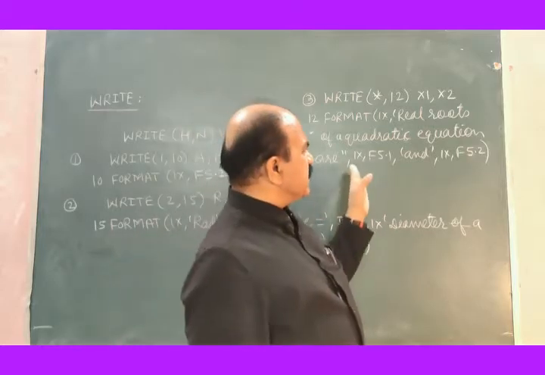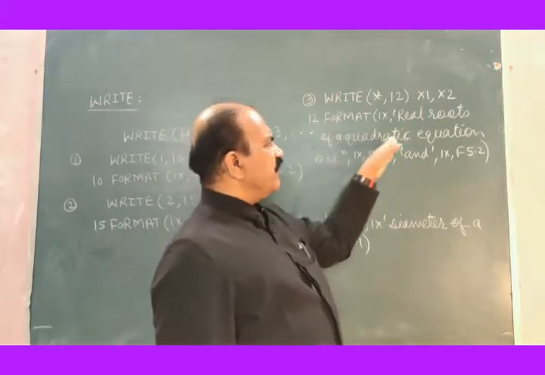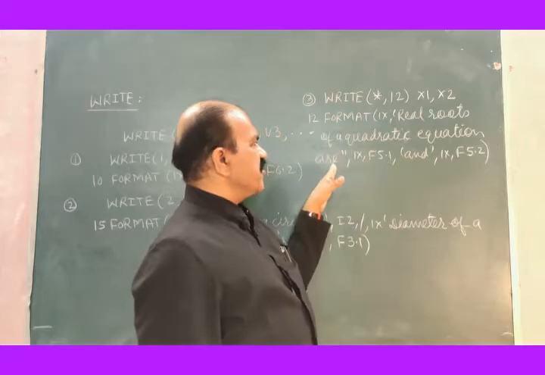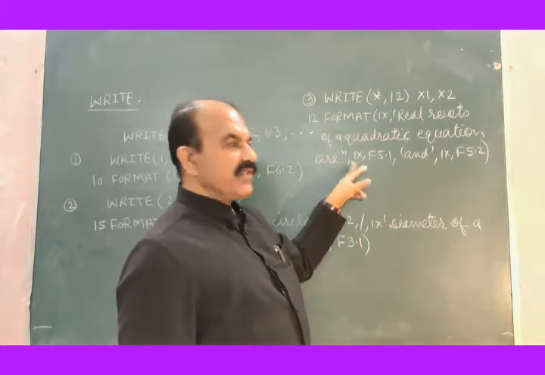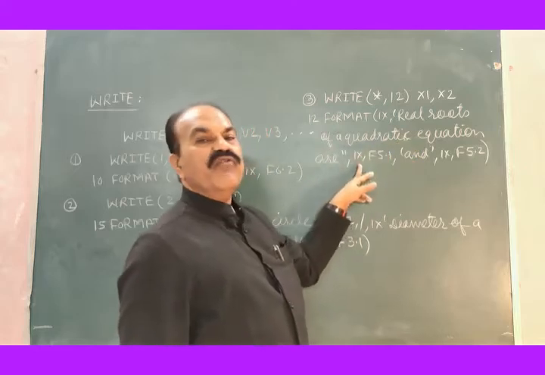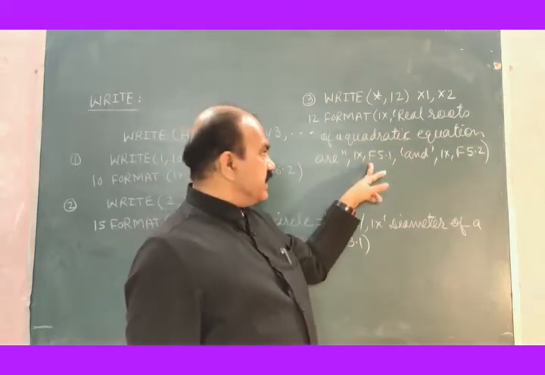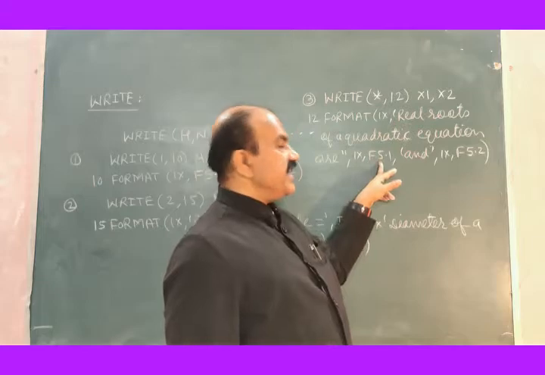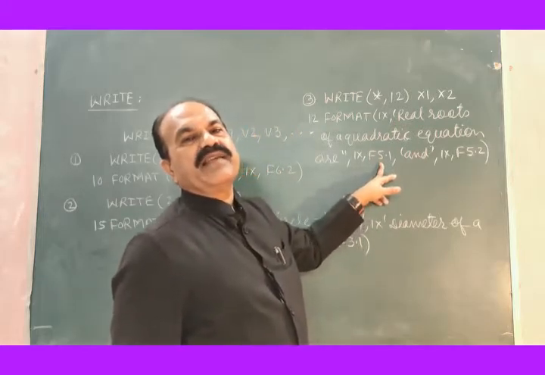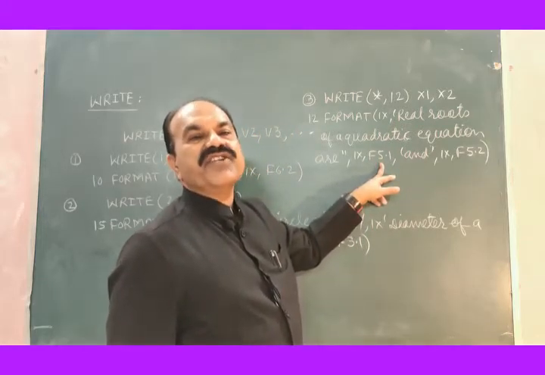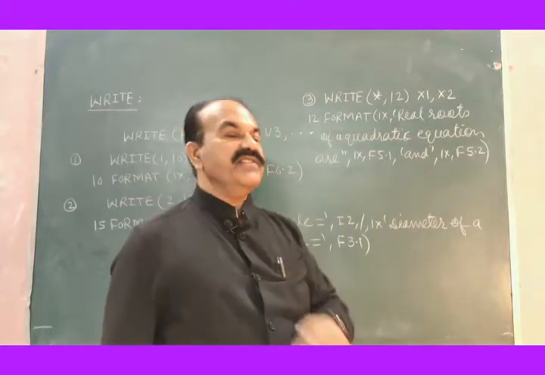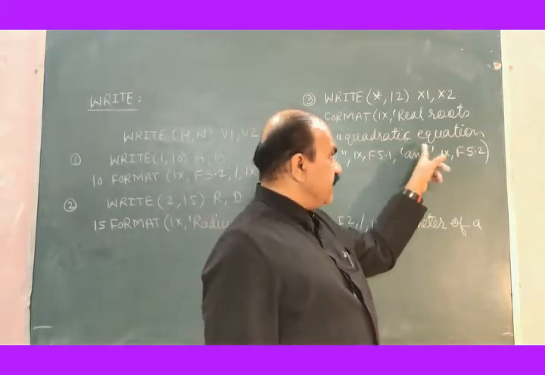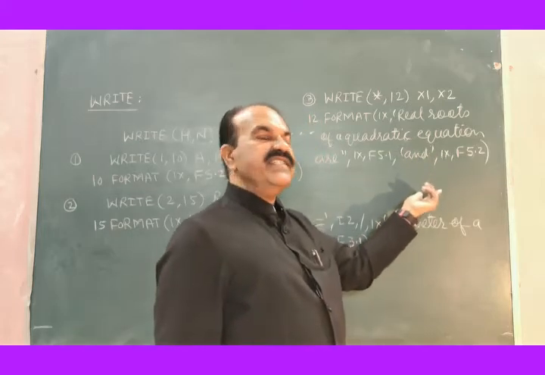And what is that? Real roots of quadratic equation are. 1x. After putting this, one space is skipped, then x1 is printed with this format. It is the format for a real fraction with total width 5 digits and decimal width 1 digit, and what is in single quotes is printed as it is.